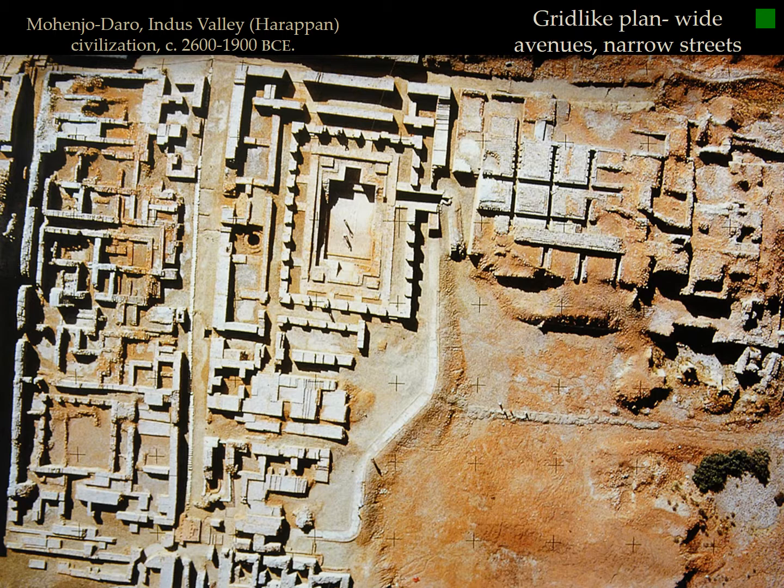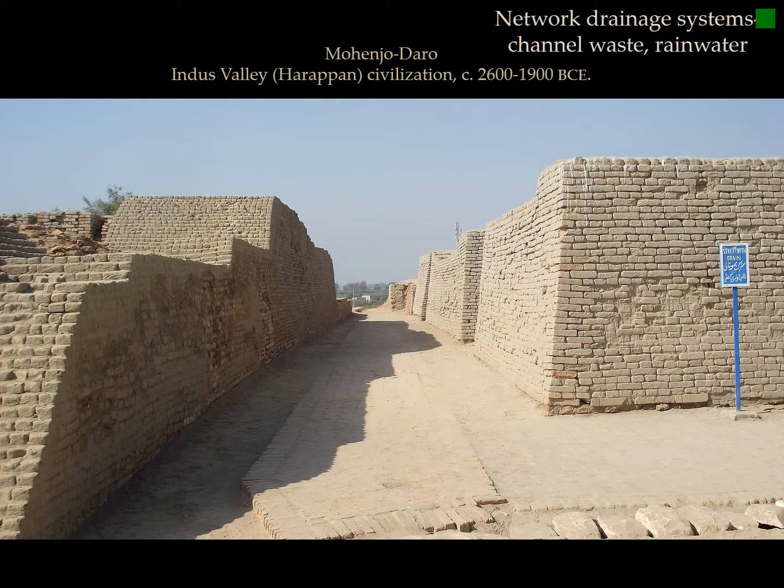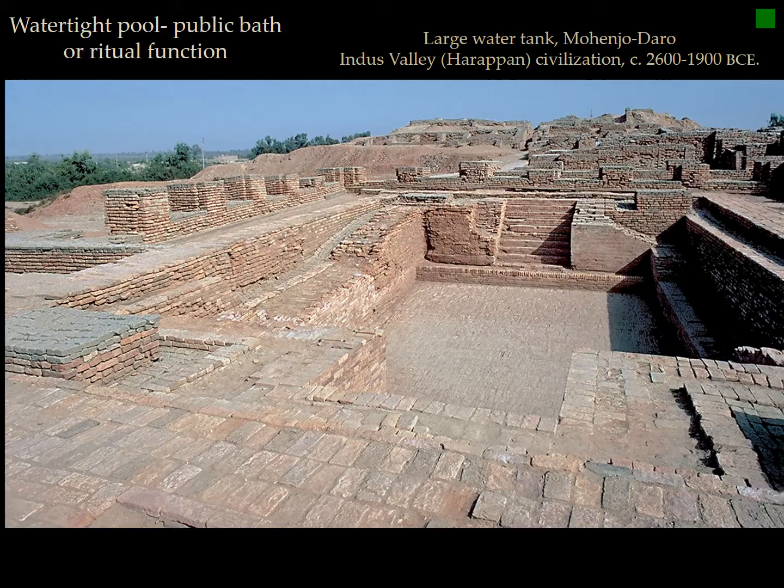Thus, it is an agglutinative architecture that is quite common in the West as well. The network of drainage systems would channel waste, human and animal, along with rainwater out from the city. Hence, we have a natural irrigation system, which would not even be bested in the Renaissance by early modern cities.